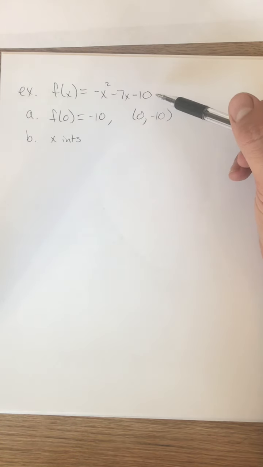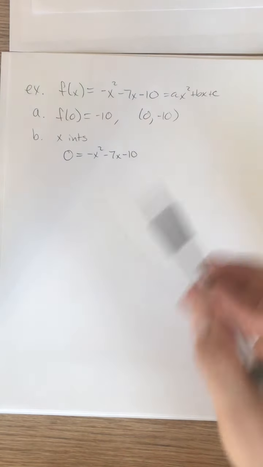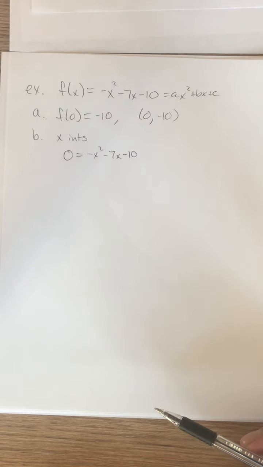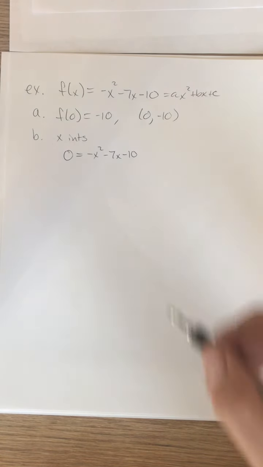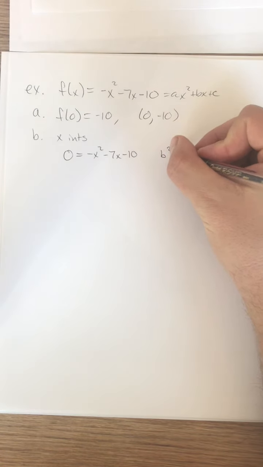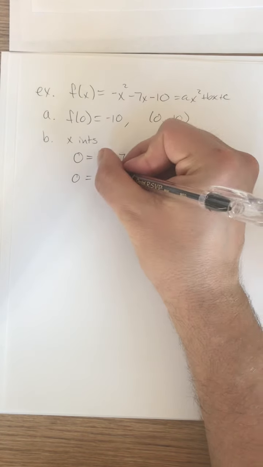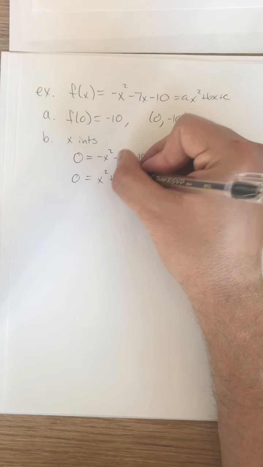We generally, if it's written as ax squared plus bx plus c, can check to see if this has real number solutions. So if b squared minus 4ac is greater than 0, this will have real number solutions, and this is the case for this quadratic equation.